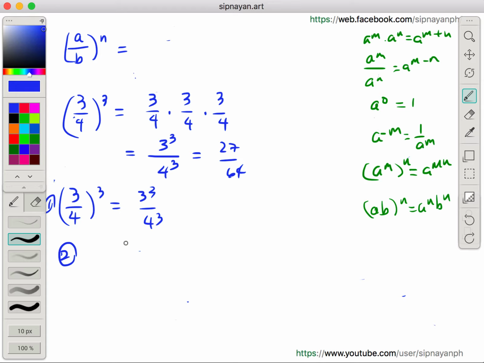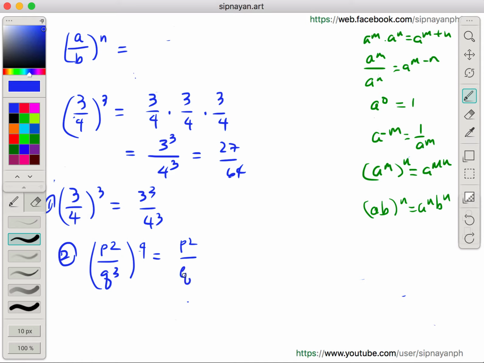Number 2, hindi siya example, but tingnan natin yung pattern. What is p squared over q cubed to the 4th power? Ginawa natin dyan, ilang beses din yan? We multiply it where p squared over q cubed appears 4 times.